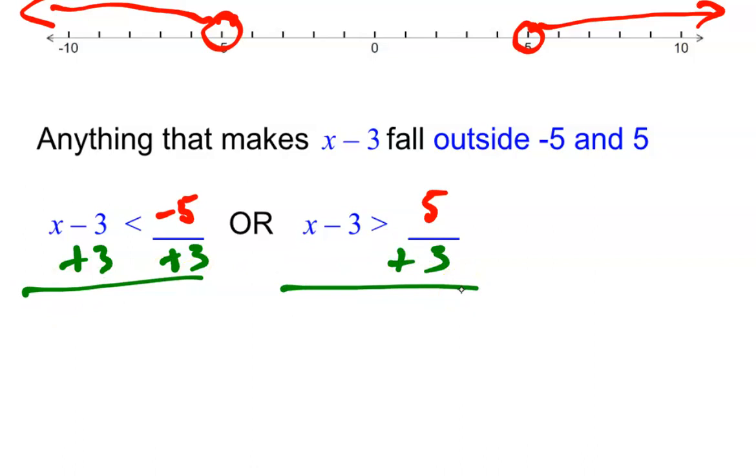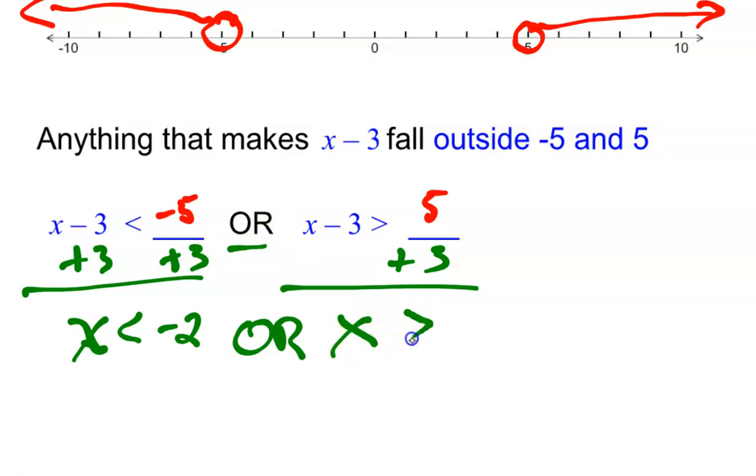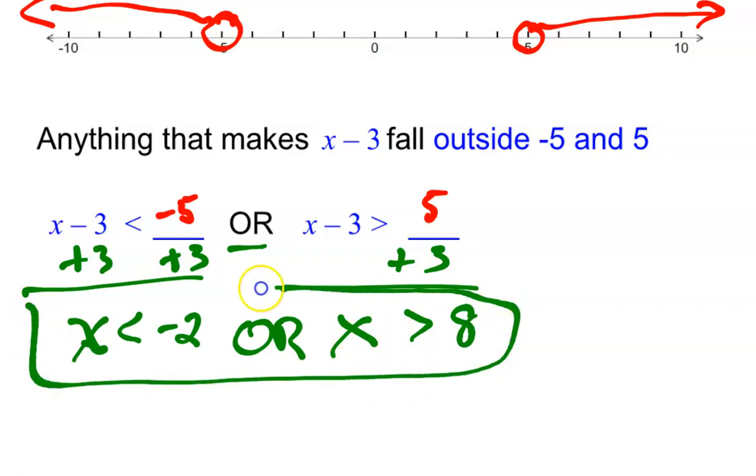And we get x is less than -2. Or, because when it's greater, we use the or symbol, x is greater than 8. That's our answer for that one.